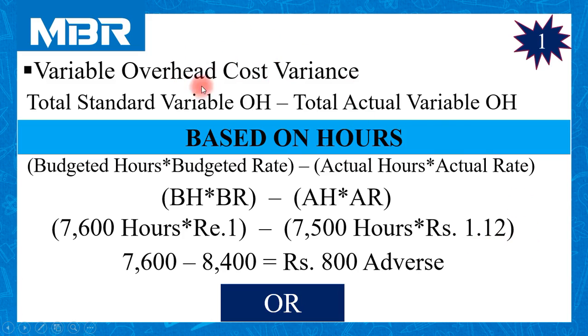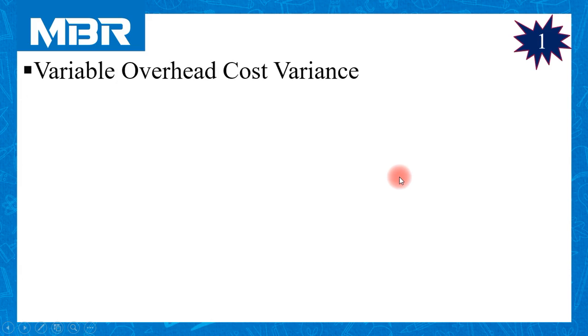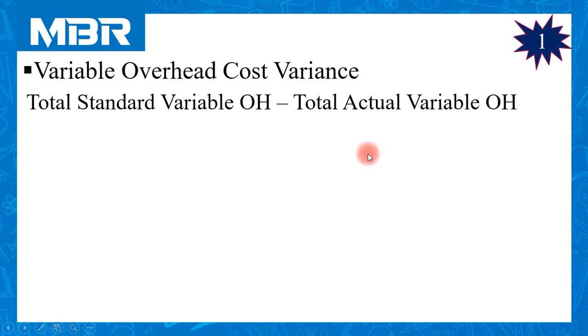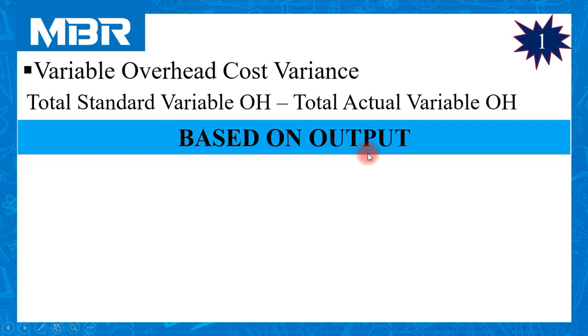This calculation of cost variance is based on hours, but we have a second option to calculate our variable overhead cost variance, and it is based on output. It is not compulsory to calculate cost variance using both the methods, but it is advisable. So you can cross check whether your calculation is on the right track or not.